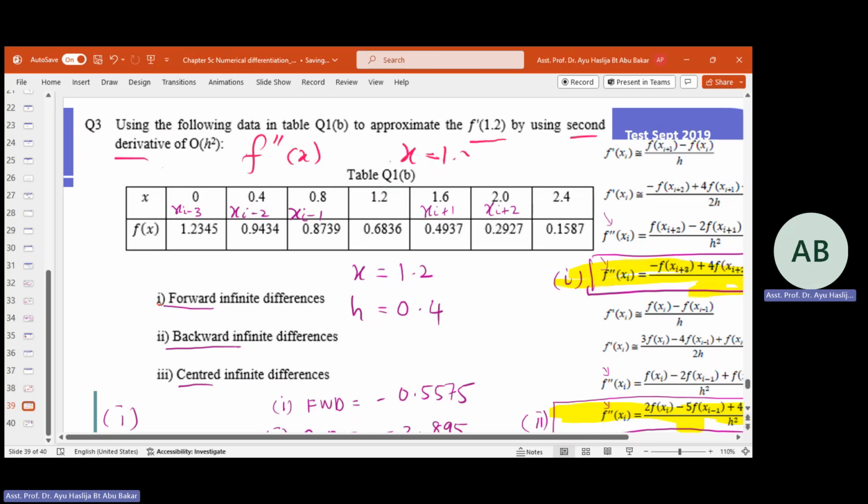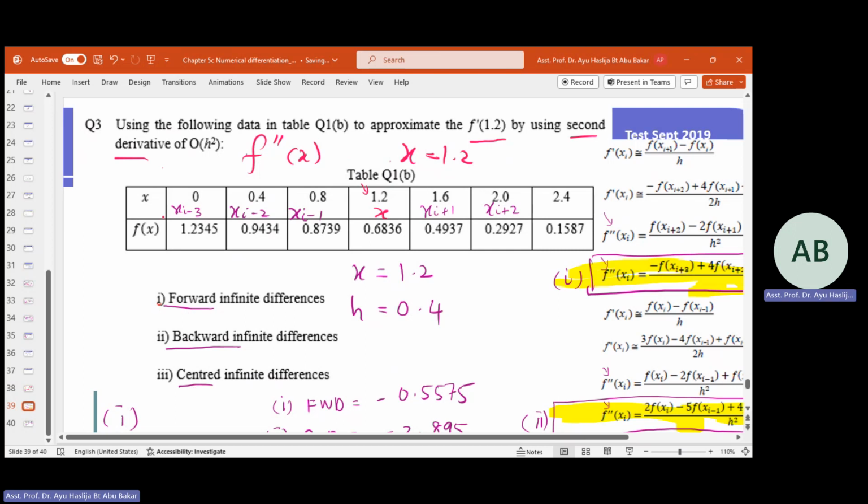Now, this question already gives you the data, the x and f(x). You will need to identify which data you require for the equation. Here is your x, 1.2. Now, it asks you to find for forward, backward, and centered.